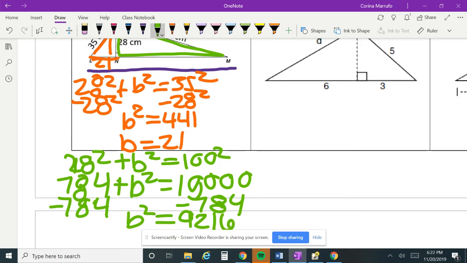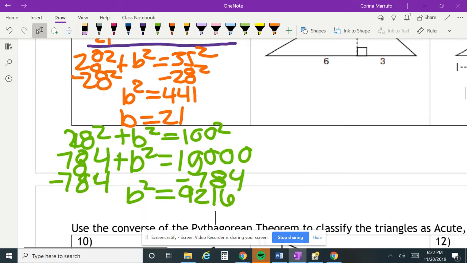And we can check to see if we get a whole number, and we get 84.9. That's a shame. Let's go ahead and take the square root. So b equals, let me see, square root of 9216, 96.